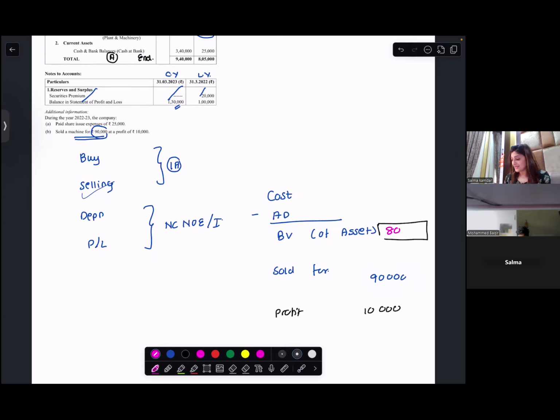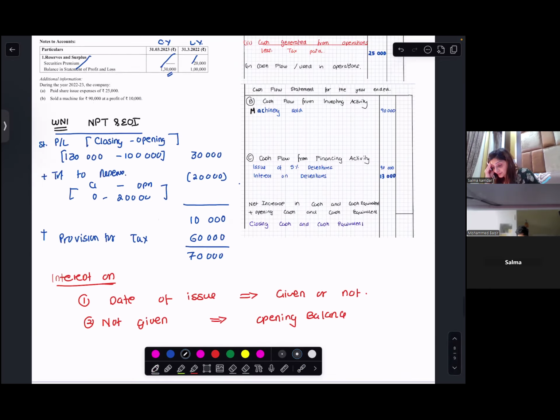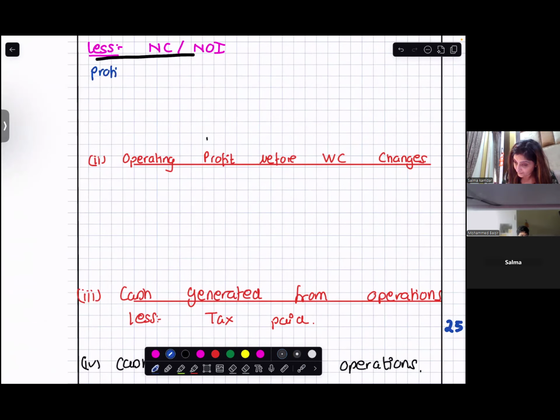Now I need to know the profit on sale of asset. Where will I record? Non-cash, non-operating income. What will I write? Profit on sale of non-current asset.